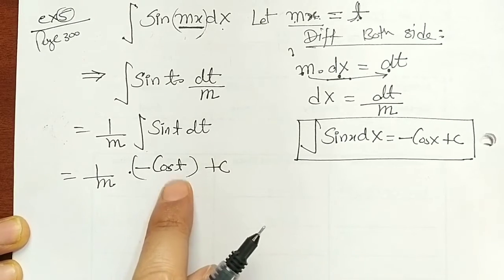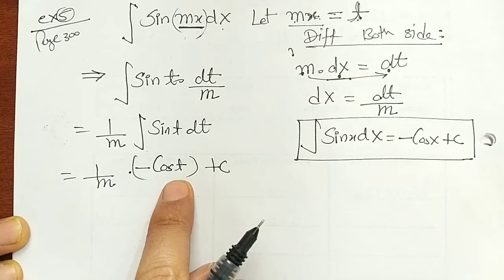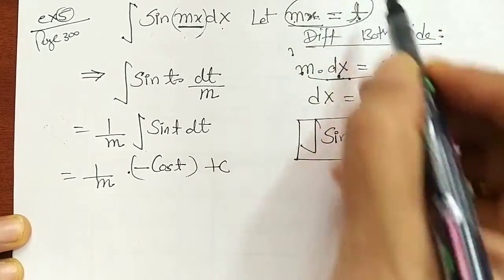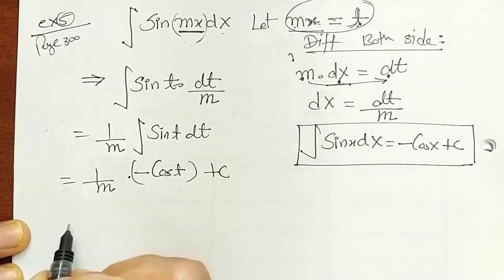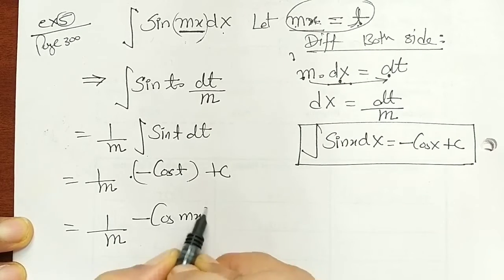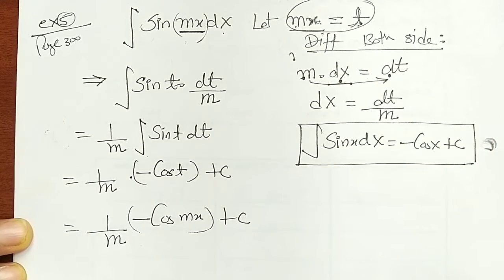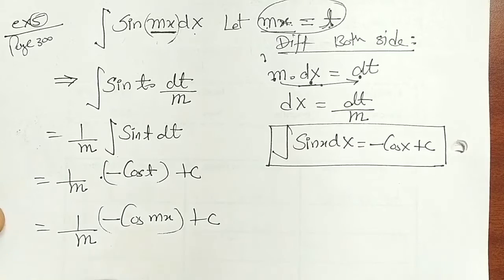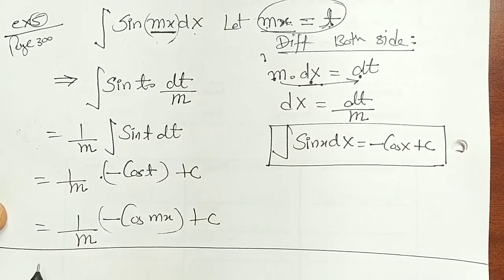But we have to put t back. What was t? T was our assumption. So it is 1 by m into minus cos of mx plus c. So this is my final answer. I hope you understood. It will be more clear with one more example.